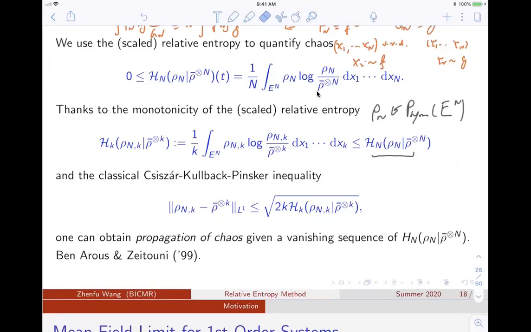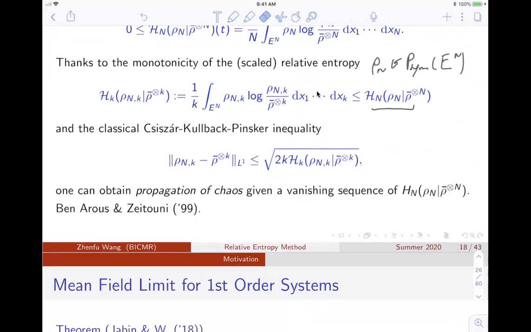And the following is just a classical CKP inequality. Because when I write H_k, the relative entropy in k dimension, it is the rescaled one. So if we multiply by k, here is just rho n k log of rho n k over rho bar k.